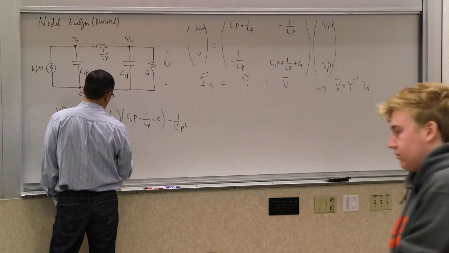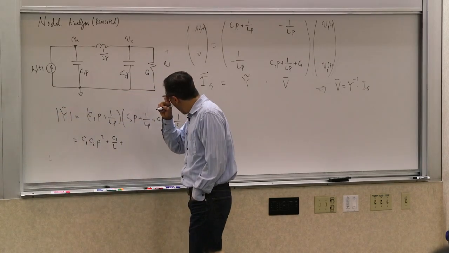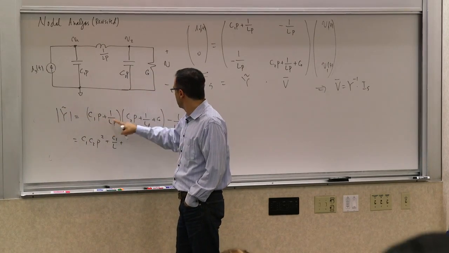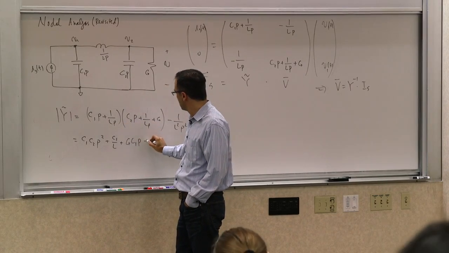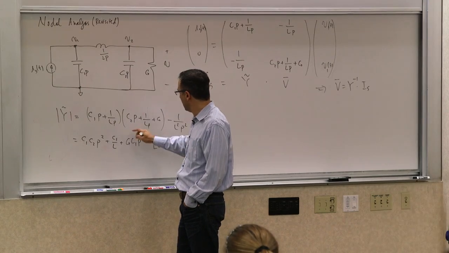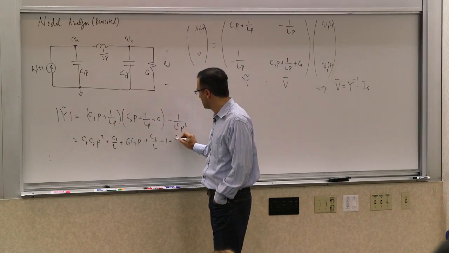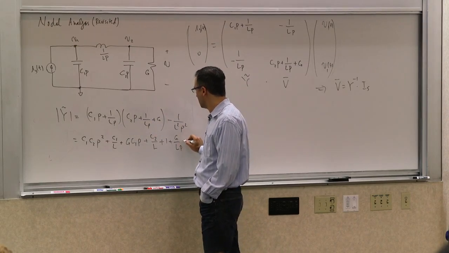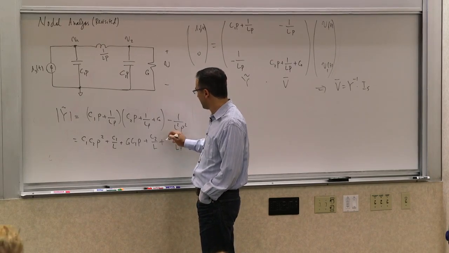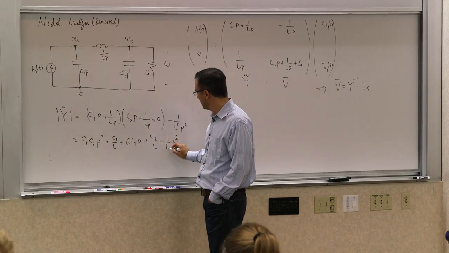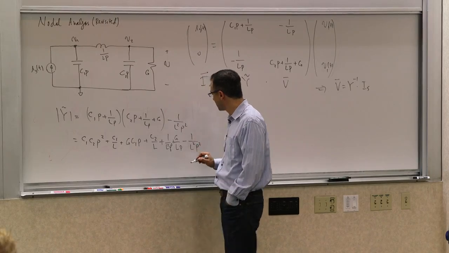Then this one gives you C1 over L, plus C1 G P. This one gives you C2 over L. And this one gives you G over LP. No, this one doesn't give you 1. This one gives you 1 over L squared P squared, minus 1 over L squared P squared, right?